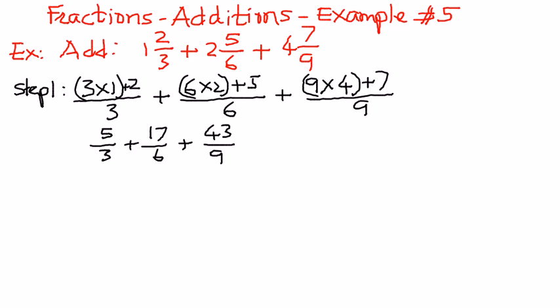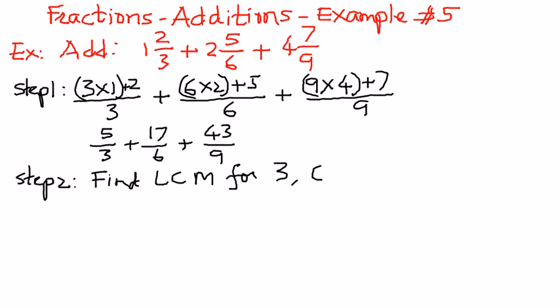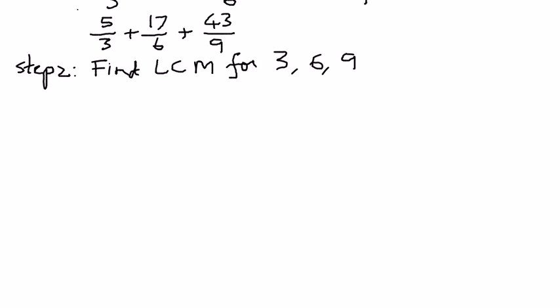We want to find a common denominator here. So therefore, as step number 2, we're going to find the least common multiple for these denominators. The denominator values we have are 3, 6, and 9. The way to do that is as follows.